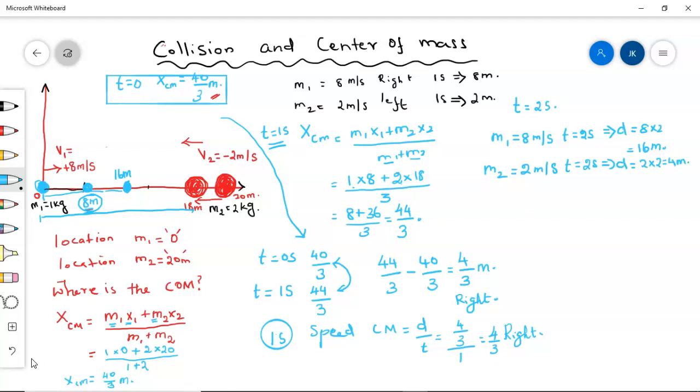It moved 4 meters from 20, so from 24 meters, which means it reached the same 16 meters. So mass 2 reached 16 meters and mass 1 reached 16 meters at the time of 2 seconds.